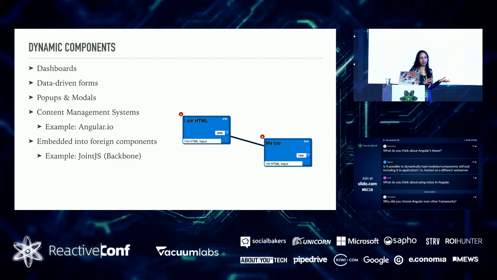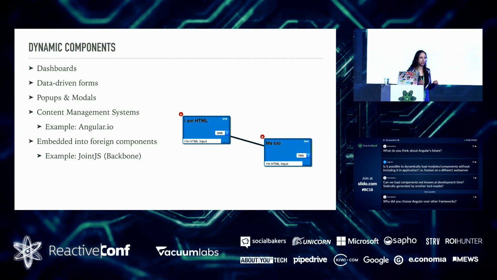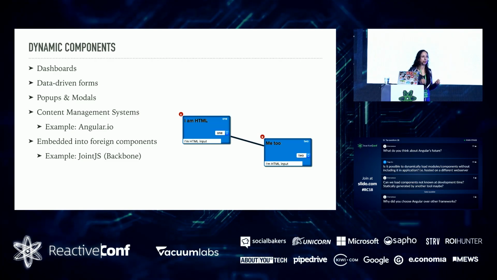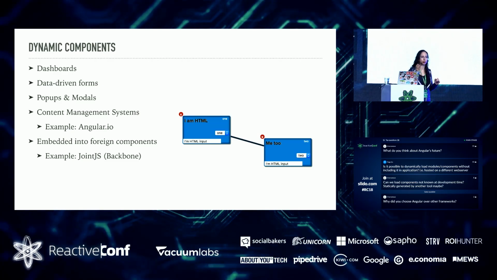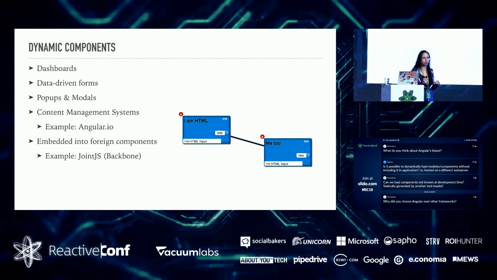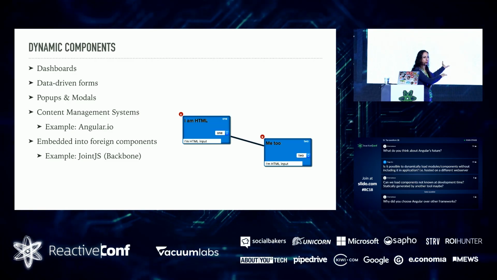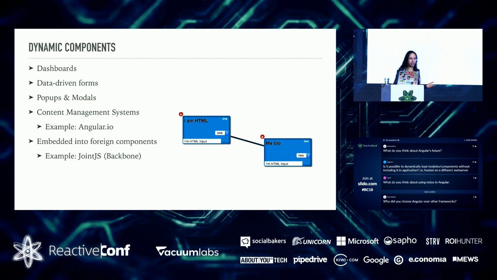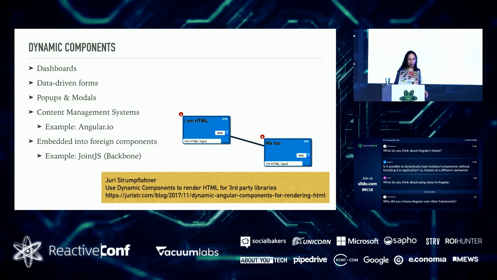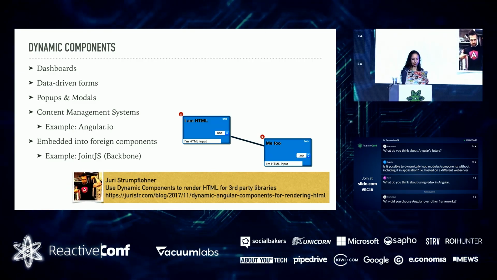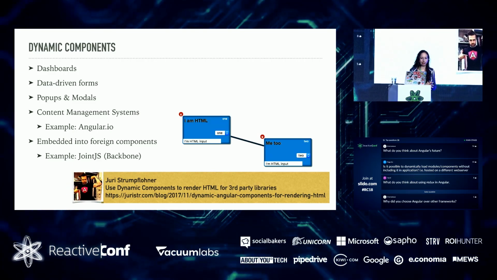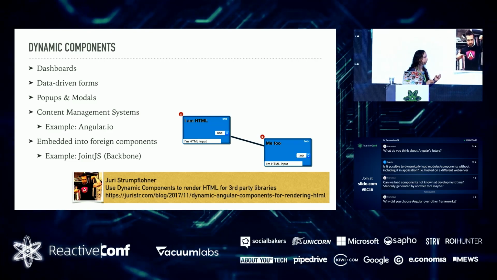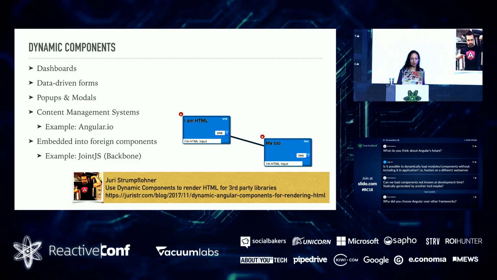So the way that you do that, you create dynamic components, and you also have to manage them with the lifecycle hooks and make sure that ngOnDestroy is called whenever you remove the SVG box, and so on. A really great article about that is by Yuri Strumpflohner, and he wrote how to do this exactly. So if you have this use case, I really recommend this article.